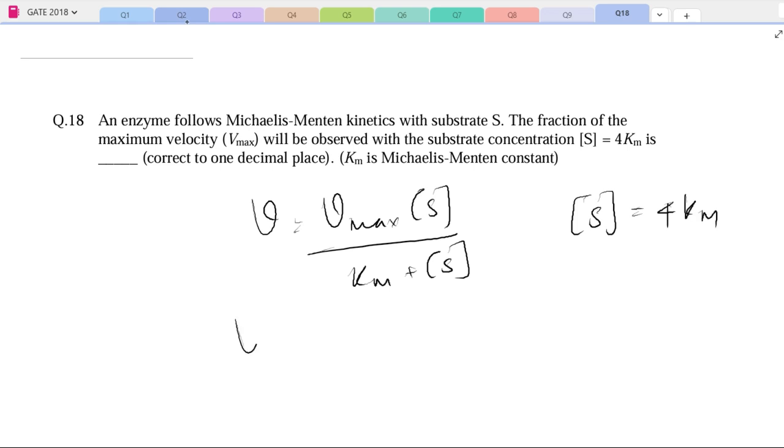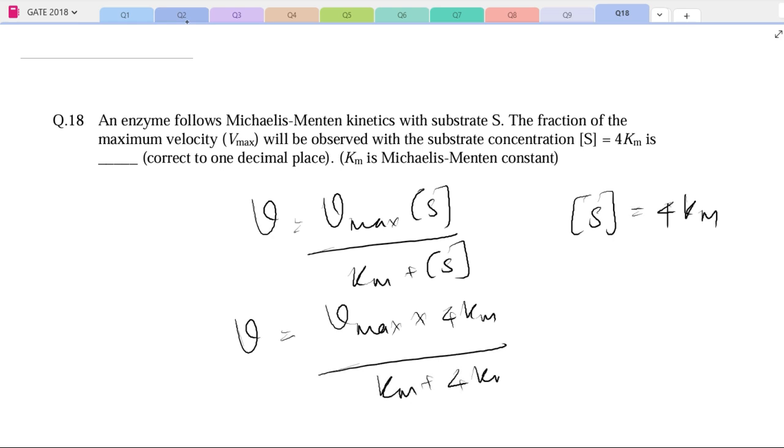So just substituting that, we will have V equal to Vmax into 4 times Km divided by Km plus 4 times Km. That will give you 4 by 5 times Vmax. And they have asked the fraction in decimal, so that will be 0.8 Vmax.